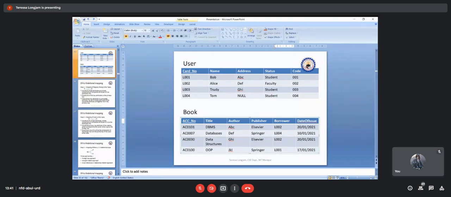If such a thing exists, the referential integrity constraint specifies that whatever tuples we insert here, it should have a value for this borrower which already exists here in the card number. That means we can insert a tuple having the value L002 for borrower because L002 exists here.